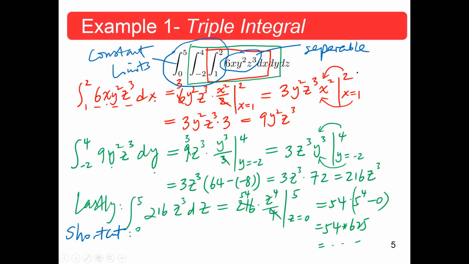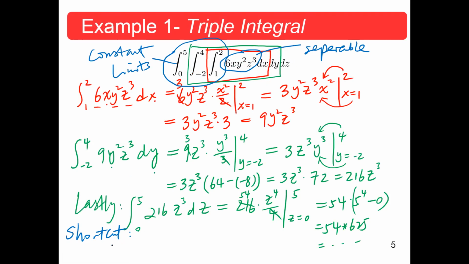So remember, for a double integral, when it comes to a separable integrand with constant limits, we can just separate the x's from the y's and the z's. The same thing here. Let's go ahead and separate it.